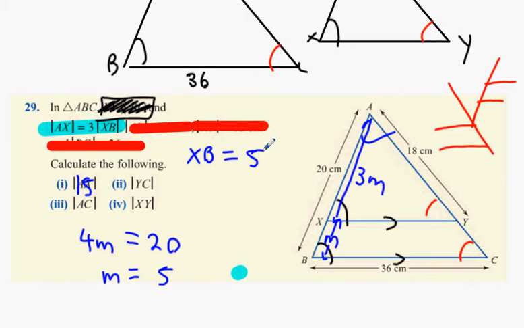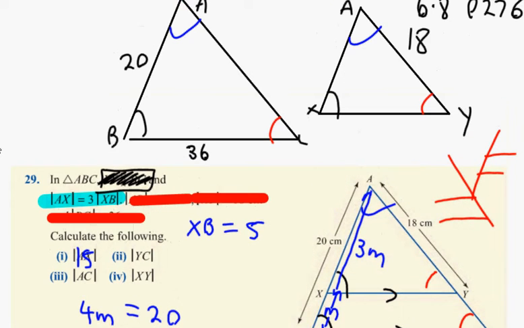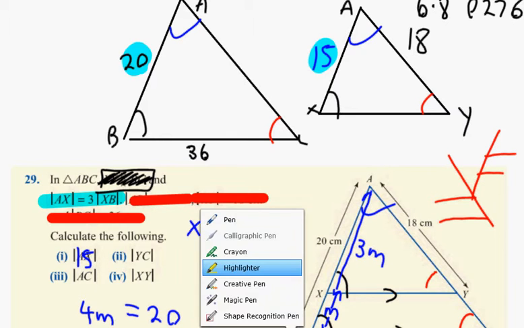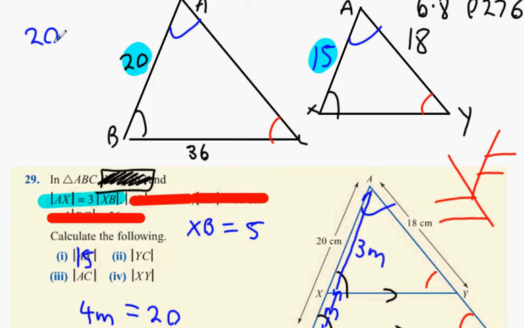Now I have a bit more information to fill in. I can say that's 15 and that one there is 20. Now I can calculate how much bigger the triangle on the left is compared to the triangle on the right. Reason being, the 15 and the 20 are corresponding sides. They're in between the black angle and the blue angle. So what's 20 divided by 15? 20 divided by 15 is 4 over 3.